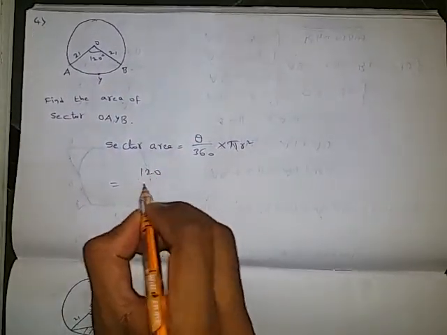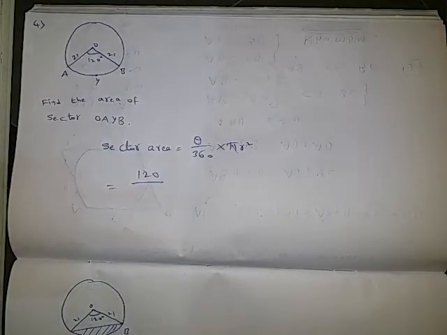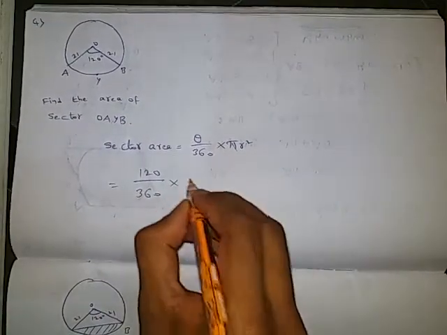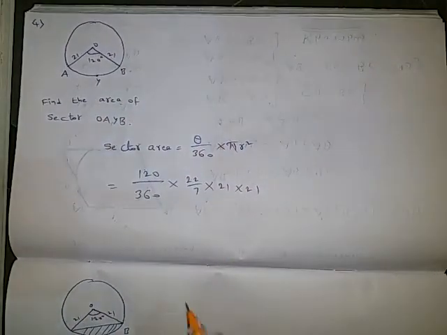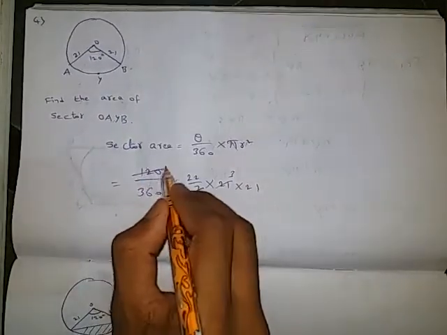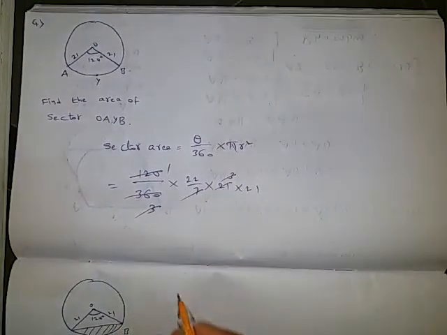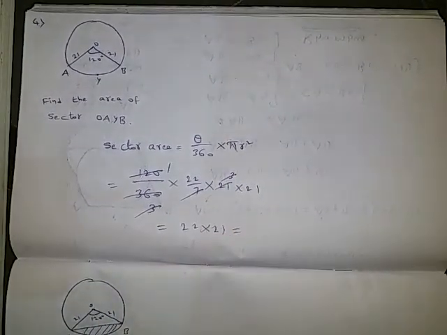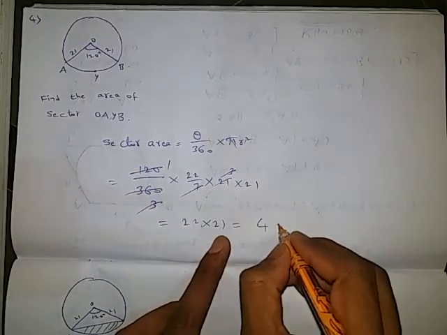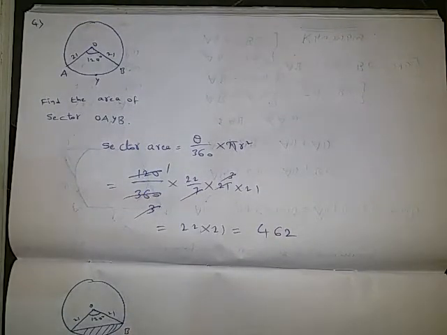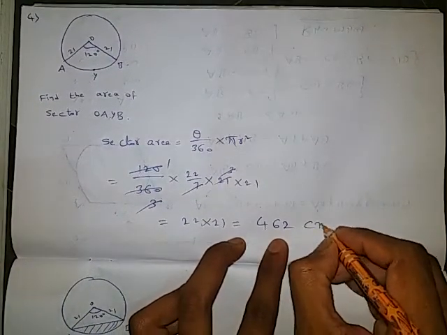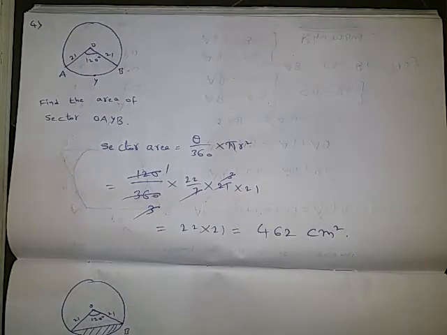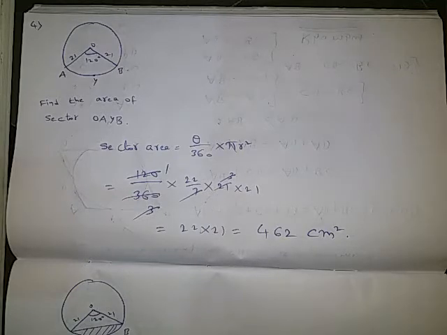Theta is 120 degrees, that is the angle, by 360 into pi value 22/7 into radius r is given as 21 into 21. 7 ones are 7, 7 threes are 21, 3 cancels, so we remain with 22 into 21. 22 into 21 is nothing but 462, and we are finding the area and all the measurements are in centimeters, so the units will become centimeter square. Okay, now let's move to the next question.